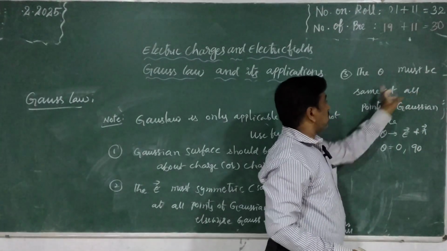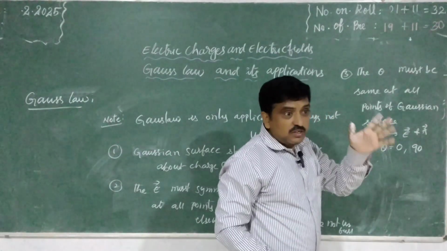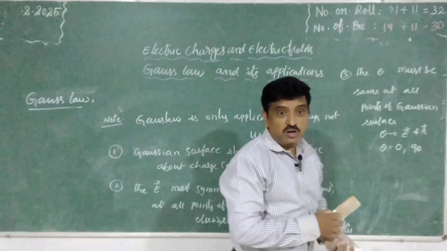The theta must be the same at all points of the Gaussian surface. Theta means the angle between the electric field vector and the area vector. The theta is always either 0 or 90 only. On the Gaussian surface, theta is the same, either 0 or 90.